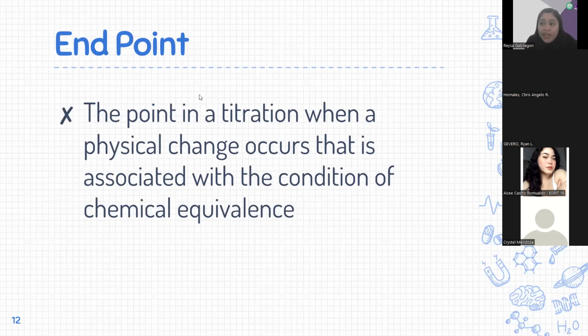Okay? What we can observe in the actual experimentation is the endpoint. We call that the endpoint. What you saw, the change in color, like from colorless to light pink, that's the so-called endpoint. This is what you see in an actual experiment, and this is associated with the use of indicators. You can physically observe the change in color.